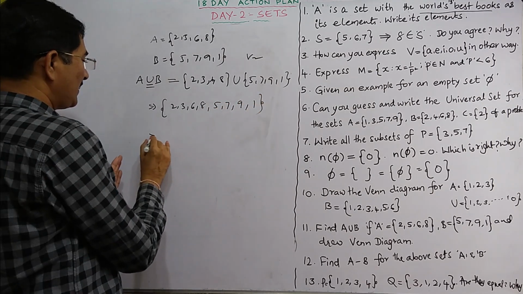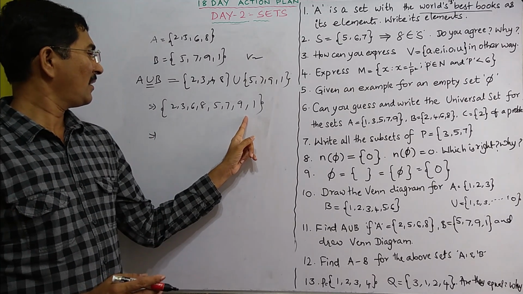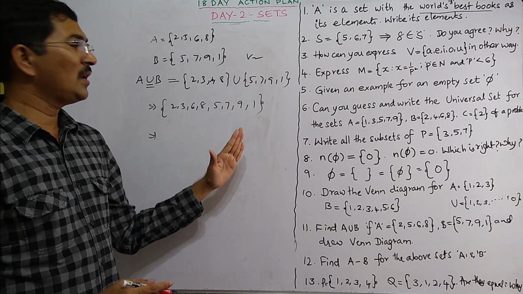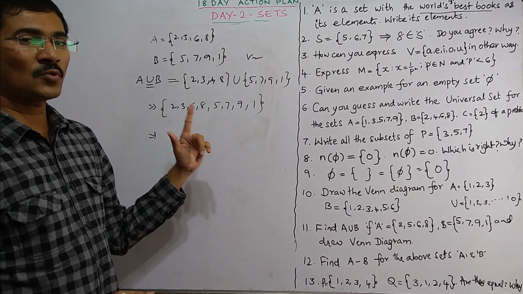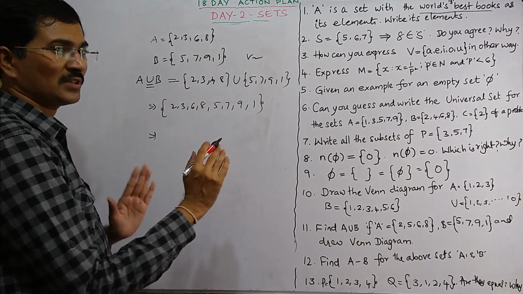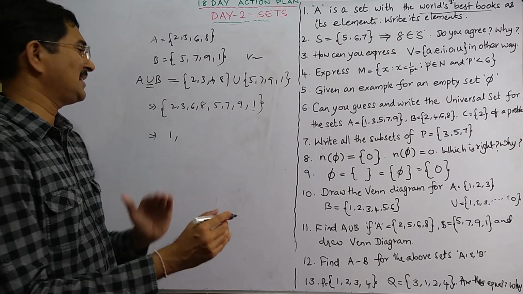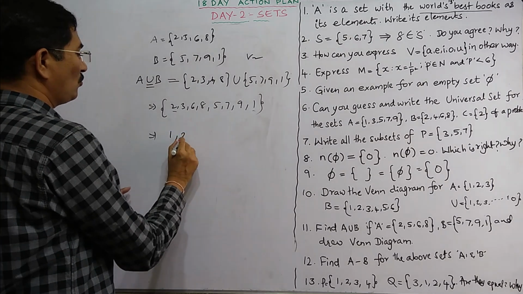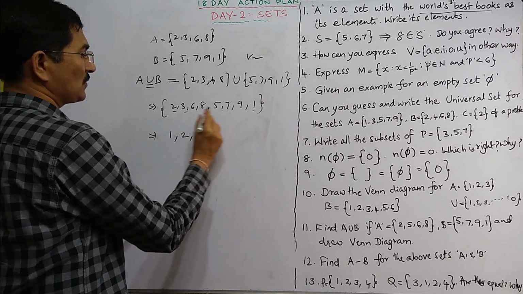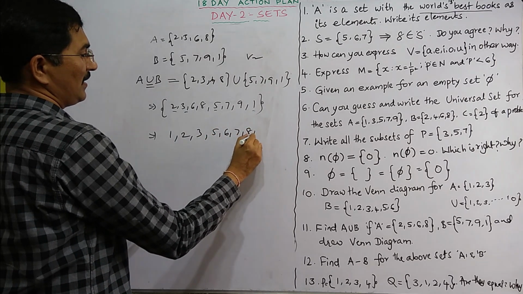If at all there are any repeated elements, you will not write them twice, you will only write them once. So let us take them in ascending order so that it will be much easier. Though it is not compulsory, it gives you clarity. So 1, next comes 2, next comes 3, 4 is not there, next 5, 6, 7, 8, 9.